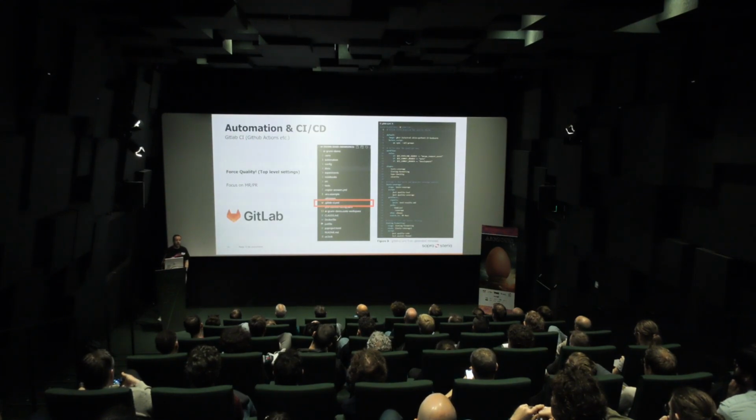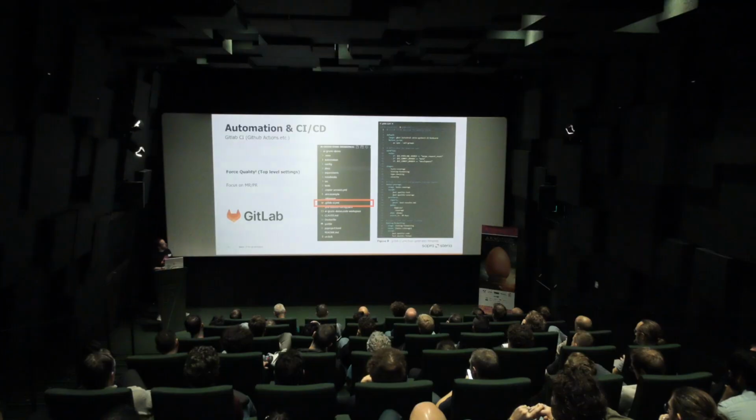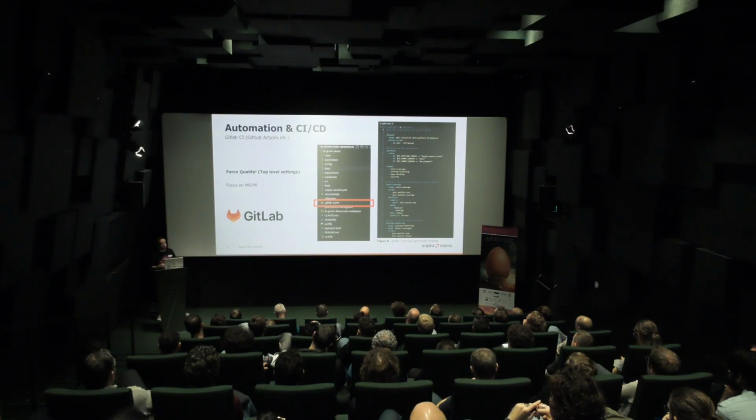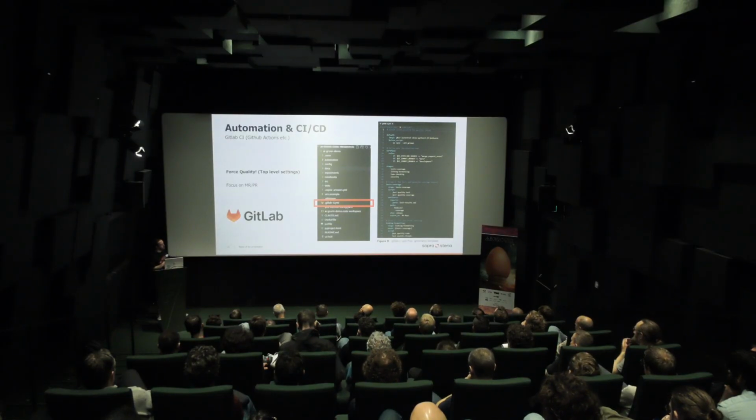Finally, we actually enforce our quality standards and all of our checks by including CI/CD. In our case, we're using GitLab, and you see this GitLab configuration is currently in my repository. This will not enforce it because, again, somebody could just remove it. But if you put it in your top level settings of GitLab, you could enforce your complete quality pipeline.